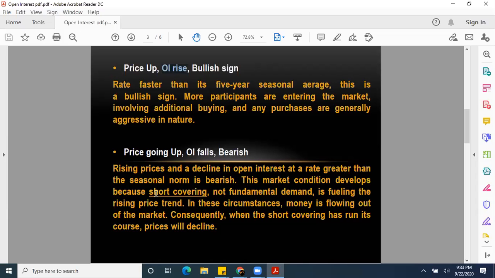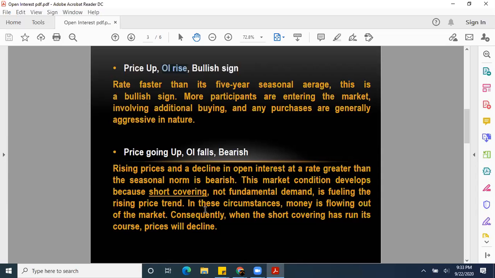And what is short covering? Let me read the whole sentence, then we'll come back to short covering. This market condition developed because of short covering, not fundamental demand, is fueling the rising price trend. In these circumstances, money is flowing out of the market. Consequently, when the short covering has run its course, prices will decline.